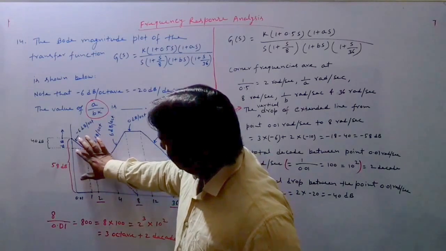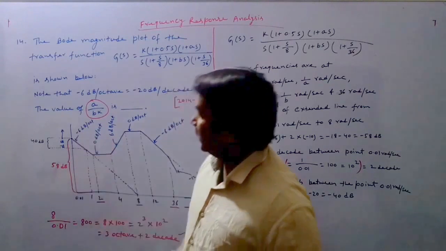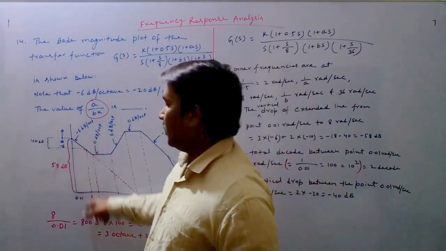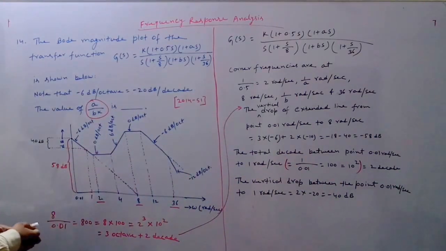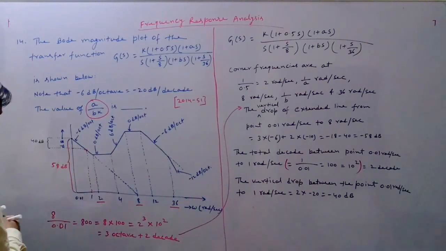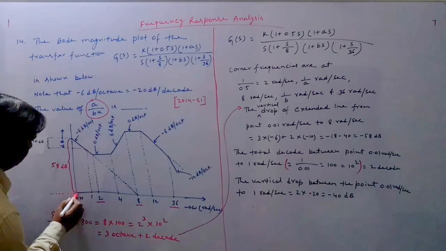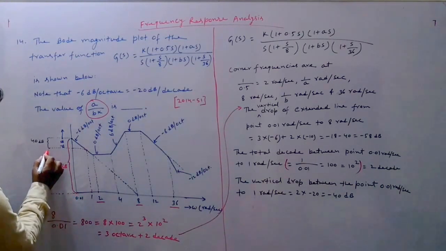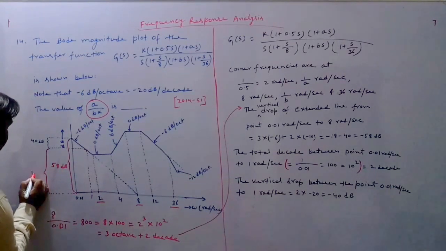From here to here, this one must be 18 dB, because this is 58 minus 40. So this one is 18 dB.